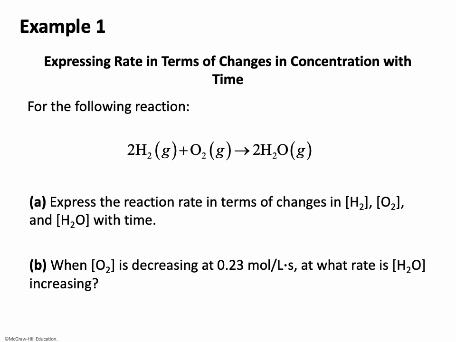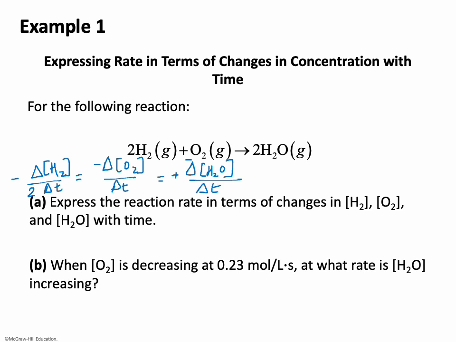So if I write the reaction rate, that simply means negative change in concentration of H2 over time, divided by 2, is equal to negative change in concentration of O2 over time divided by 1 because the coefficient is 1, which is also equal to positive change in concentration of water over change in time, divided by 2. So those are the relationships between all of them.